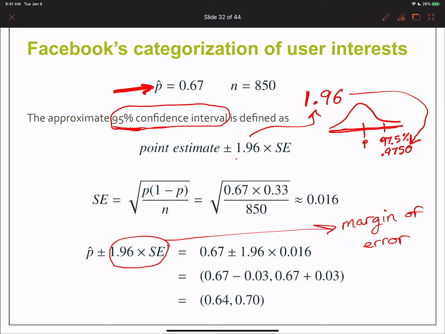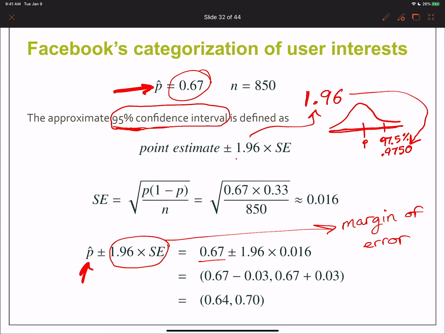What is the last thing? It says equals 0.64, 0.70. What is that? So remember, we do the plus or minus, right? So that's what they did here. They got the 0.67, which is our point estimate, p hat, plus or minus the margin of error.